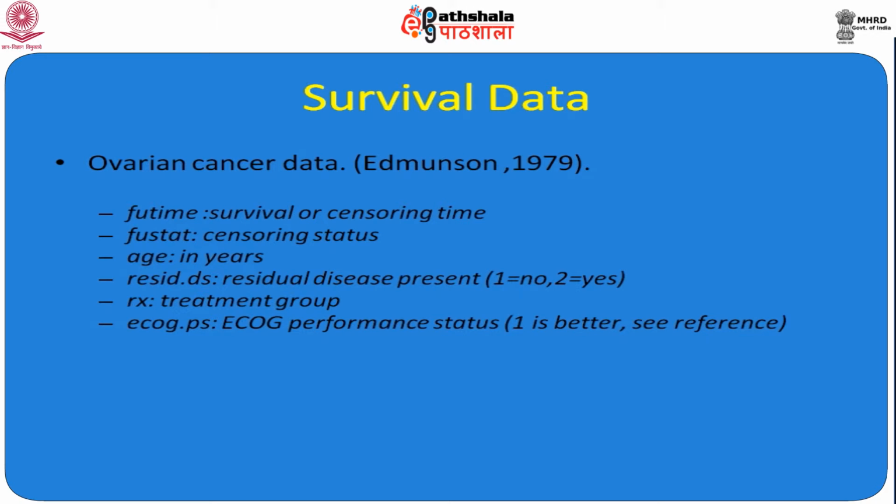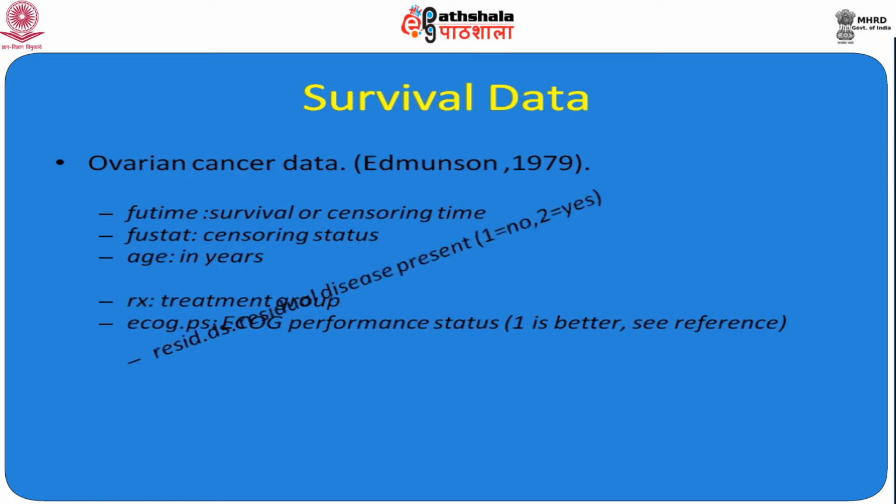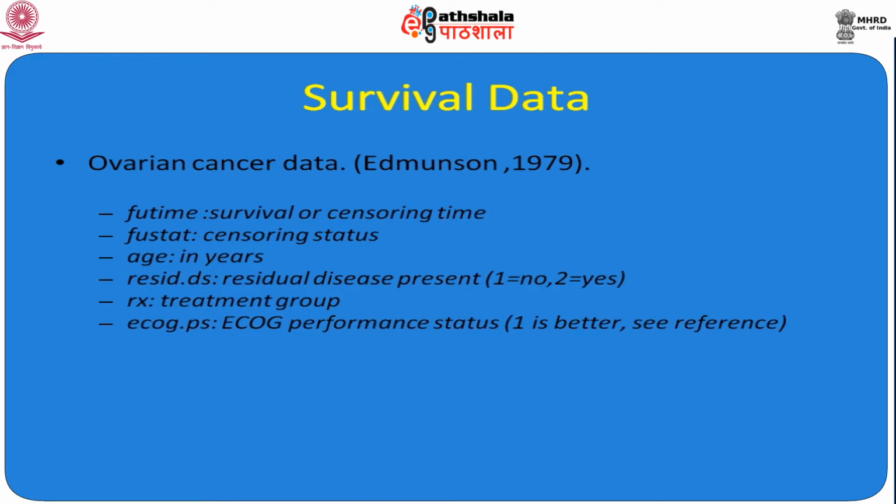Now the fourth variable is resid.ds, it is called residual disease present or not. It is a prognostic factor that can be considered, and it has a negative impact. If the residual disease is present, then it has a negative impact on those patients, whatever treatment is given to them. And now Rx is given as the type of treatment.